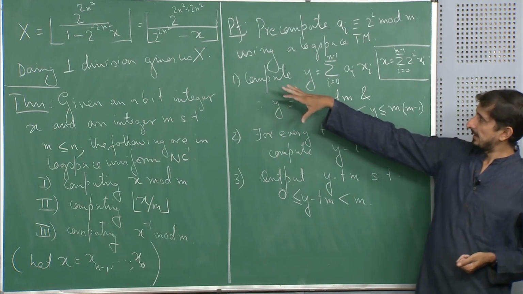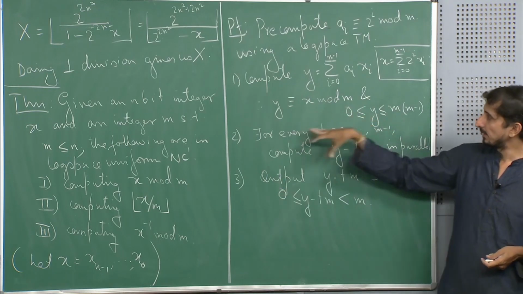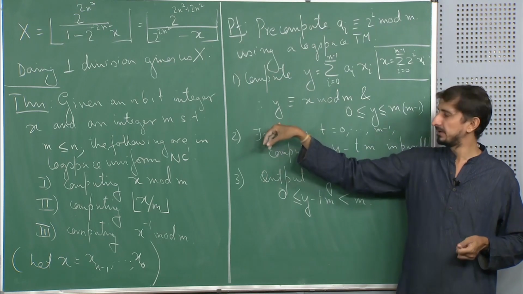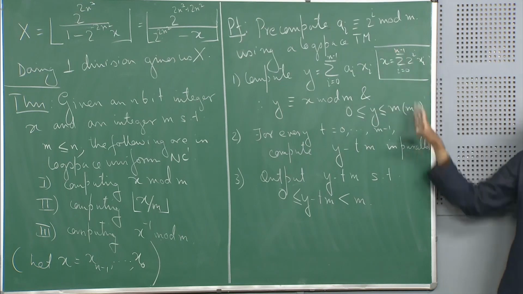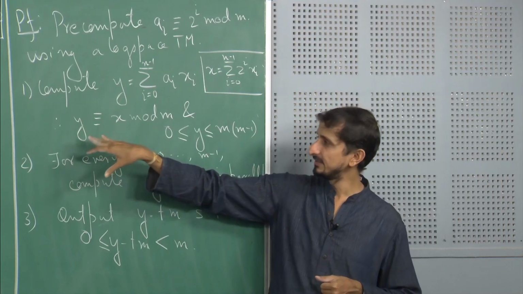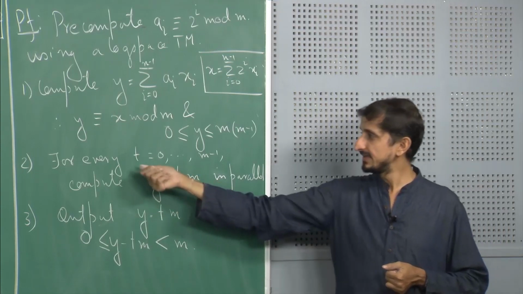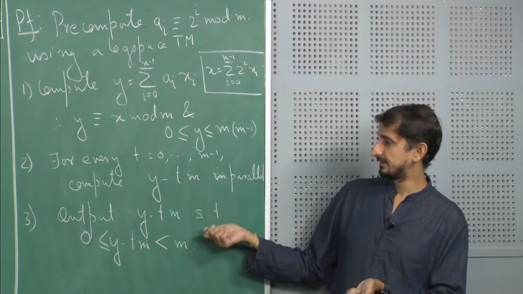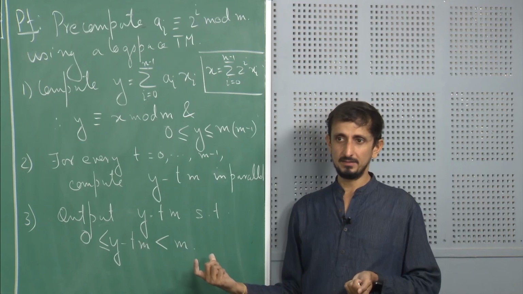The idea is that I have to compute x mod m. I reduce it to computing division with respect to y, where y is a small number. That is essentially all that I am doing over here. From x I am reducing the problem to y, and I am proving that x mod m is the same as y mod m. Now, I just have to check for each value of t what is the largest value of t such that y minus t m is between 0 and m.